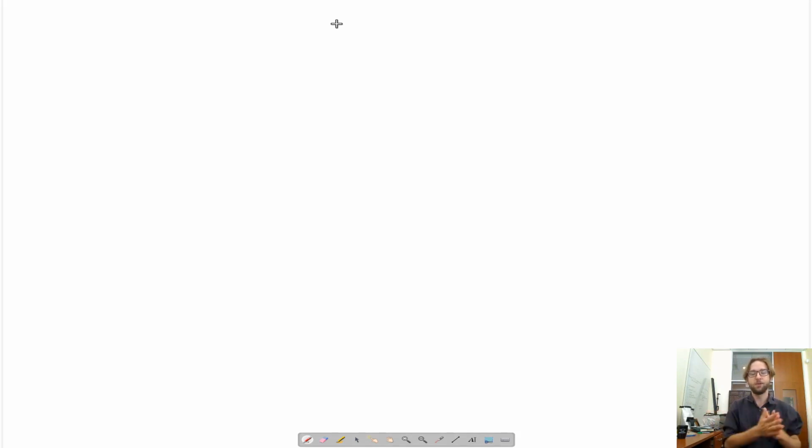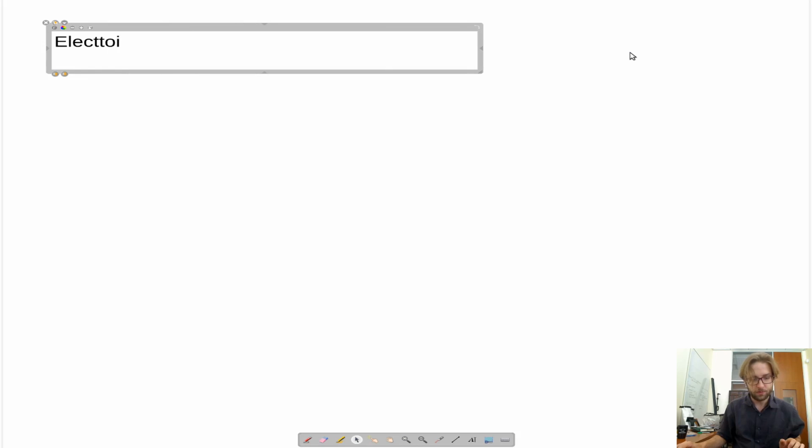You're effectively adding a negative charge to the nucleus, and so you release a neutrino, and this process is known as electron capture. Not election capture, that's something different. Okay, so electron capture, or sometimes abbreviated as EC.